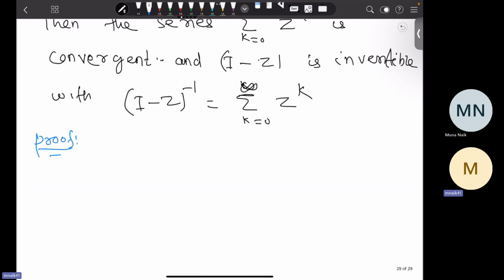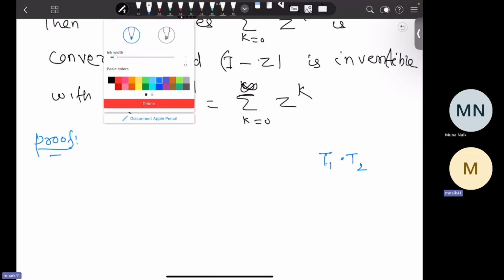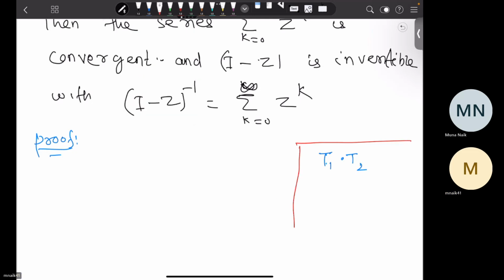So the thing is, I told you that the operator norm of T1 composition T2 is less than or equal to the operator norm of T1 times the operator norm of T2, right?